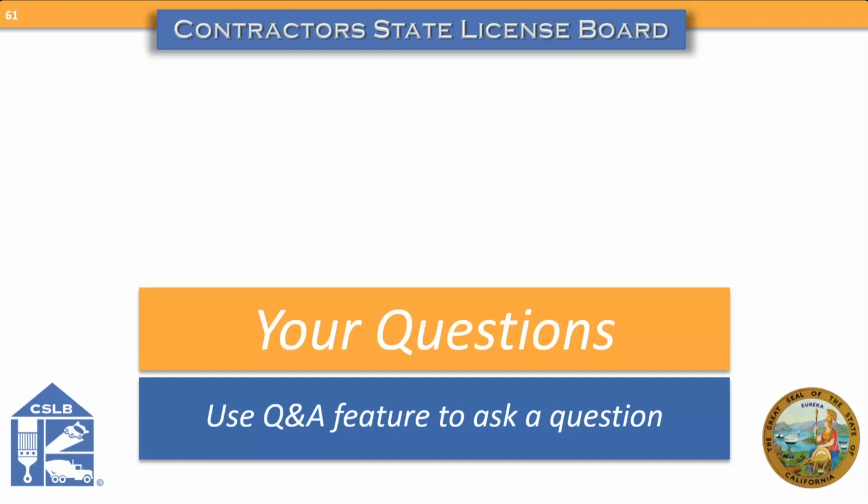Can you please send a more detailed email about your question about the surety bond to our licensing email, and then we could go through that and discuss it. Our licensing email is licensing@cslb.ca.gov.